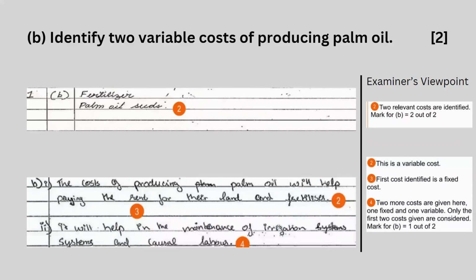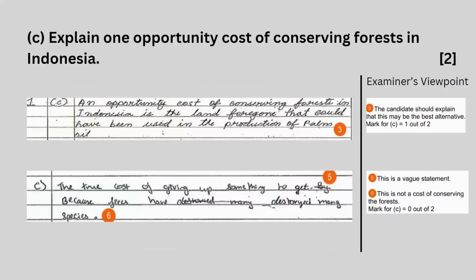So only the first two costs will be seen. They won't see the third cost given. Please be mindful when you write your answers. Even though the third one was a variable cost and the student should get a mark for it, still only the first two will be seen.